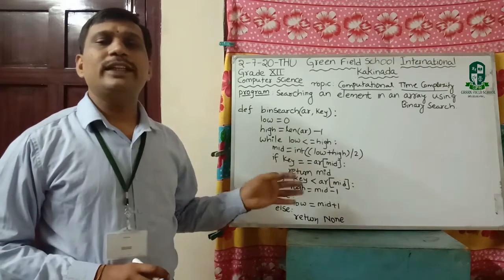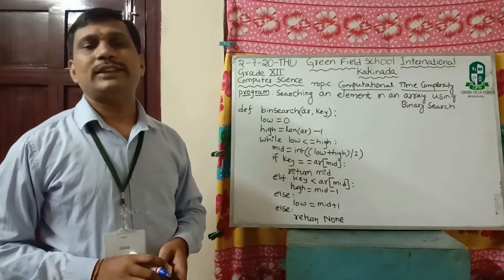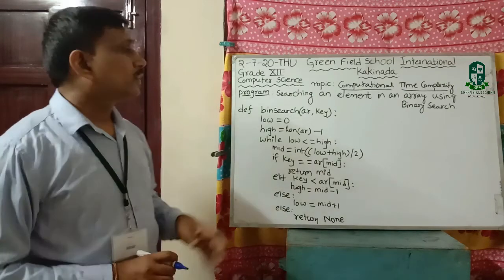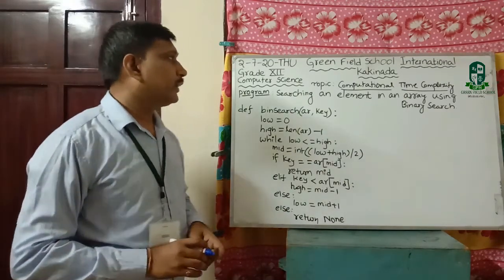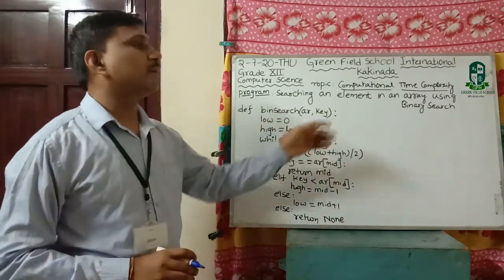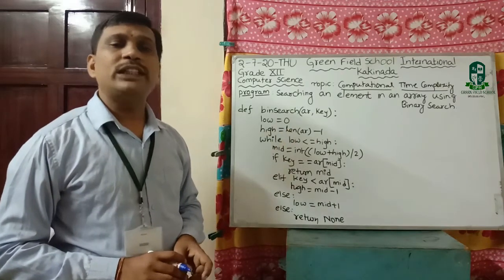So in the linear search technique, the dominant term is n. That's why the order of n, when searching for an element in an array using linear search, is n.